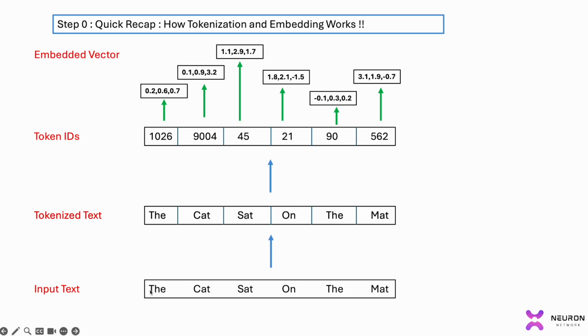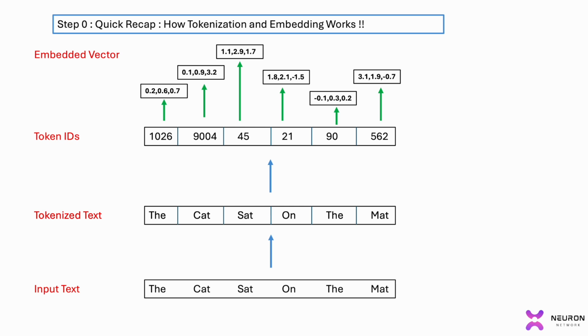Now over here, for simplicity's sake, I have taken this input which is 6 words long, and then I have tokenized it. By tokenization, I mean that I am breaking down this sentence or input sequence of words into each word, right? So "the" is one token, "cat" is another, "sat" is another, and so forth.